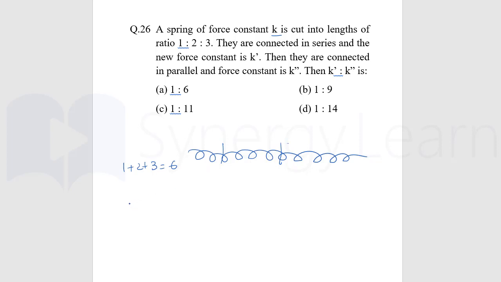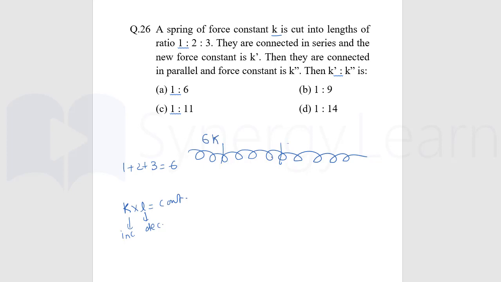Then springs have a relation that the spring constant into length is constant. That is, when the length is decreased, spring constant increases, and when length is increased, spring constant will decrease. A shorter spring will have higher spring constant. So here the smallest part is 1/6 in length, so its spring constant will become 6K.